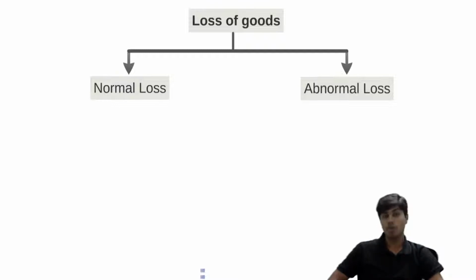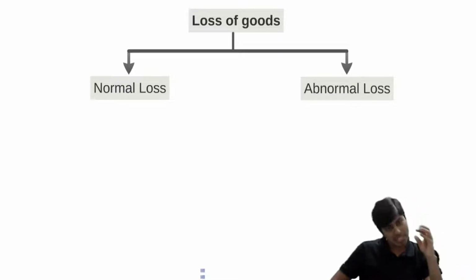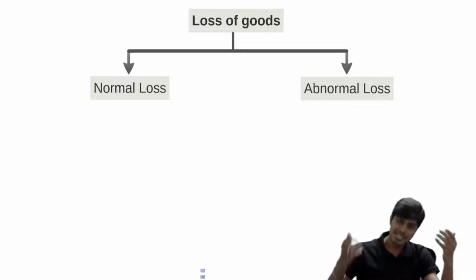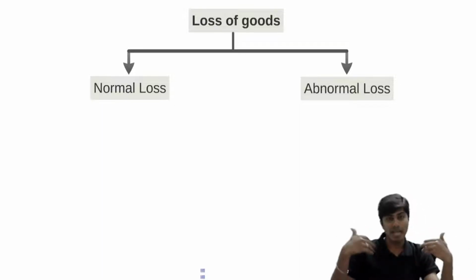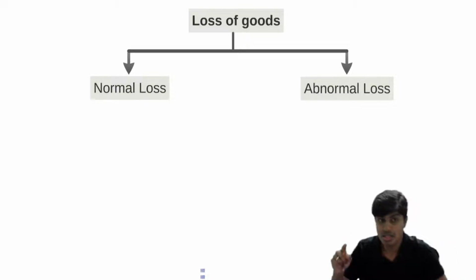Normal loss is unavoidable loss. No matter what you do, you can't avoid it. You can't mitigate it. No matter what steps you take, this loss is bound to happen. This loss is acceptable and unavoidable. You just have to bear this. However, abnormal loss is not normal.